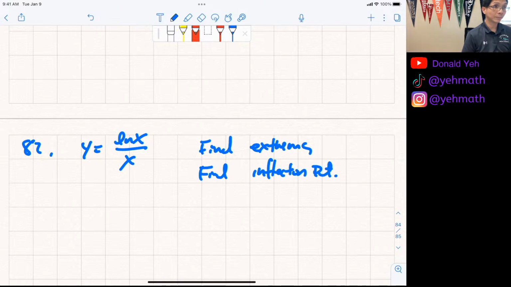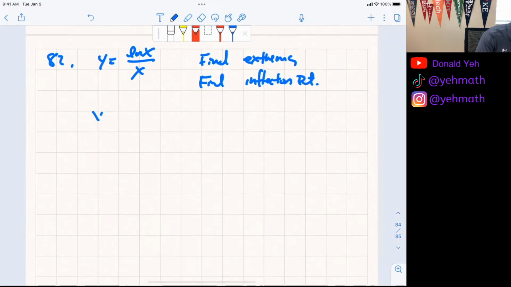Okay. How do you find extrema? First derivative, good. Can you tell me what's the first derivative here?